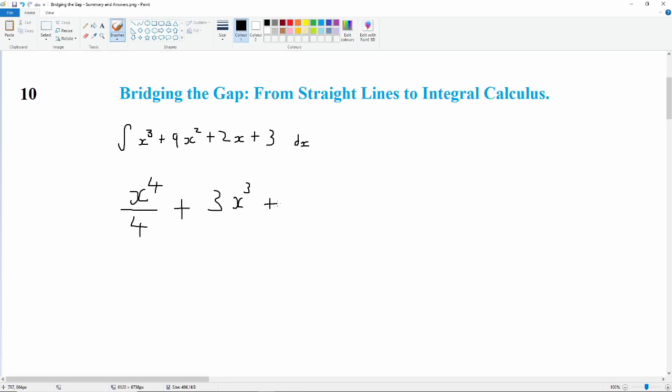There we go, plus. Now we're looking at the 2x. Well, we know that the integral of 2x with respect to x is x squared. We know that by now. And then that 3 just becomes 3x. And the important thing that we must never forget is plus c. And that is our final answer.